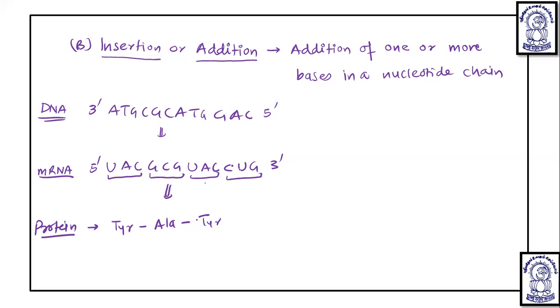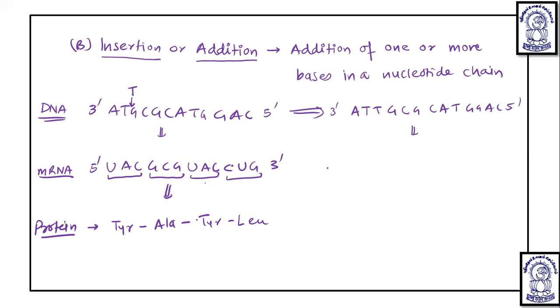And CUG codes for leucine. So this gives four amino acids. Now, if in the DNA, at this G, a T is inserted, the sequence is going to be ATT, then GCG, CAT, GGAC, and 5'.